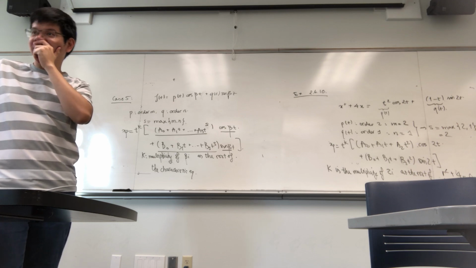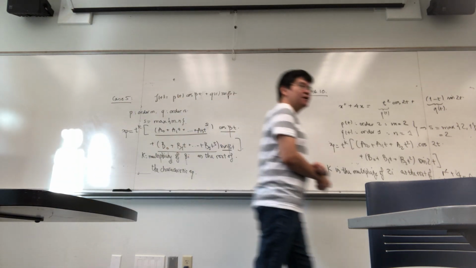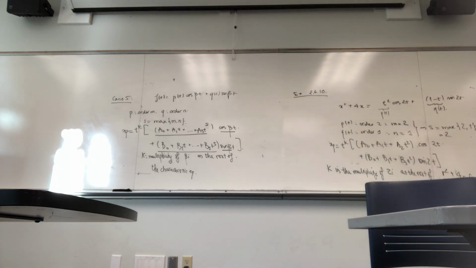Yes? Just one. So the multiplicity is 1, right? Because r squared plus 4 is 0 has 2 roots, 2i and minus 2i. So the multiplicity of 2i is 1, right?